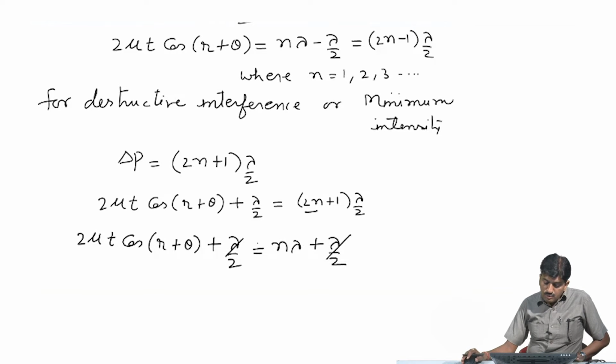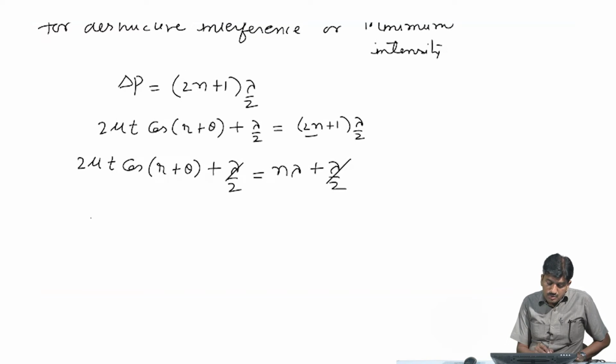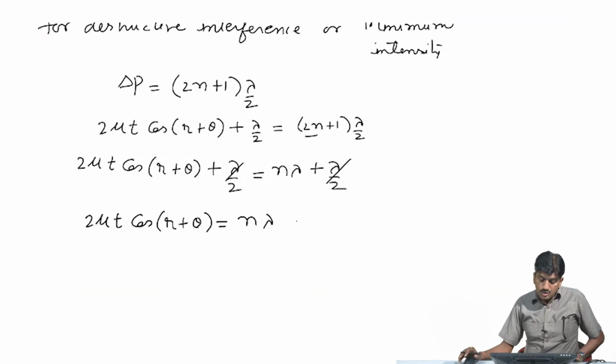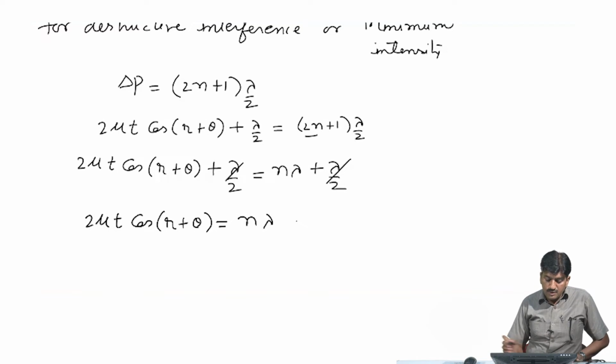Lambda by 2 cancels out, and it becomes 2 mu t cos(r plus theta) equal to n lambda. This is a case of minimum intensity or destructive interference in wedge shaped thin film.